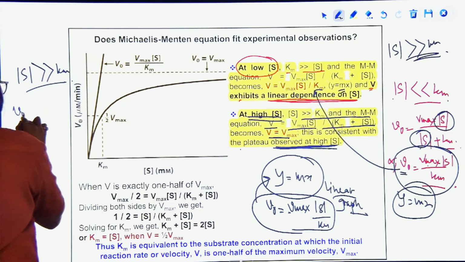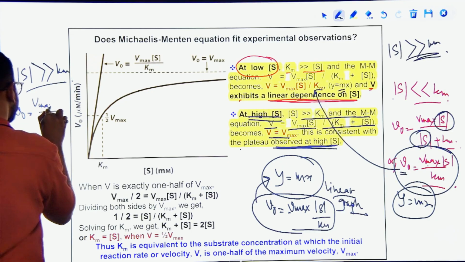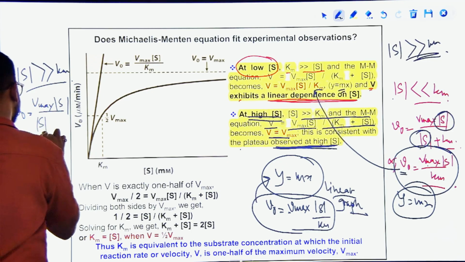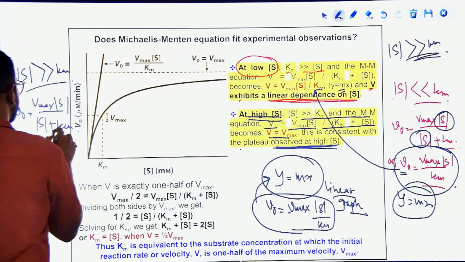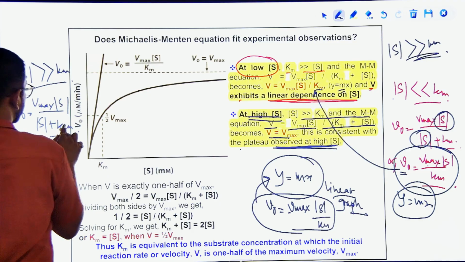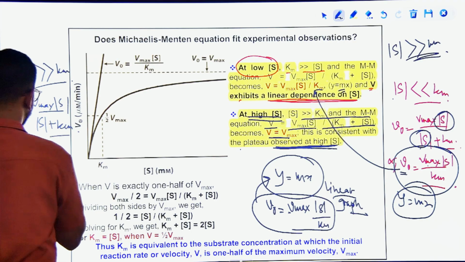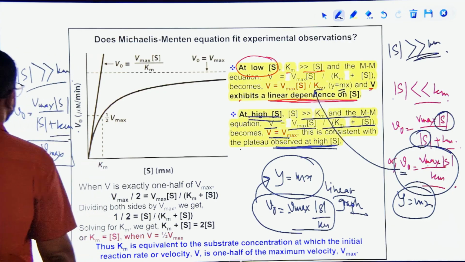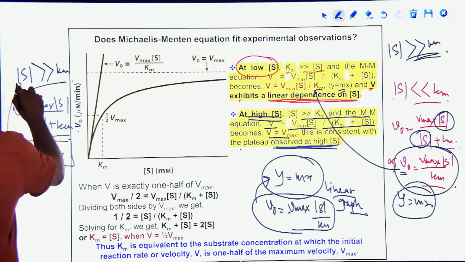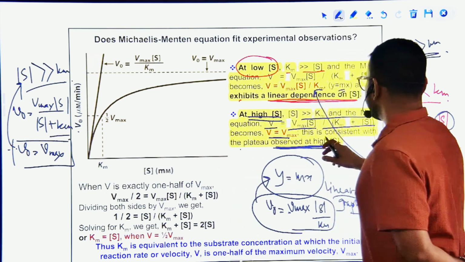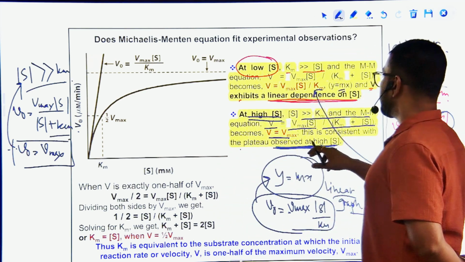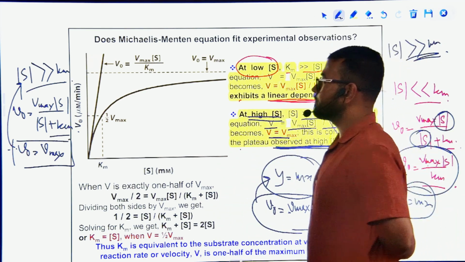So the equation is V naught equals Vmax into substrate by S plus Km. As S is much greater than Km, Km should be negligible, leaving S, so V equals Vmax. This is consistent with the plateau observed at high S.